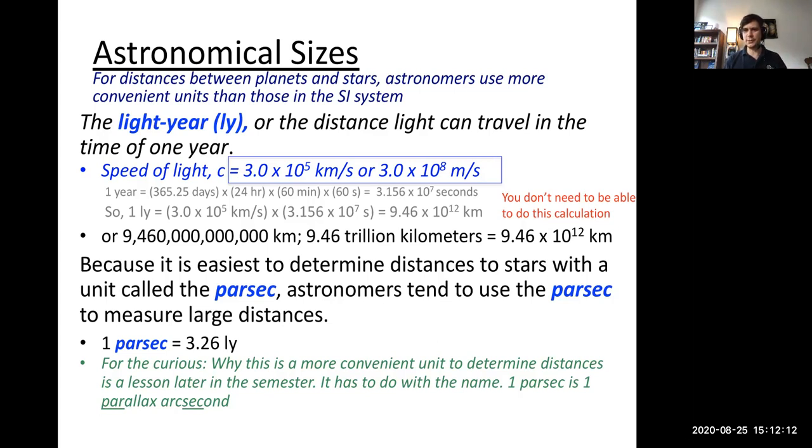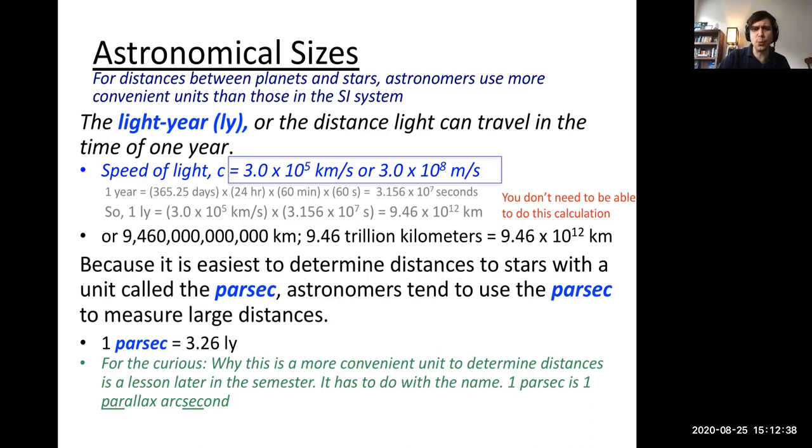No Han Solo, that's not a time. So the parsec is a distance that just comes out of the way that we measure the distances to the stars. If you're in Astronomy 152, we'll revisit this later with more information about it. But for now, I'll just tell you that the parsec is equal to 3.26 light years.